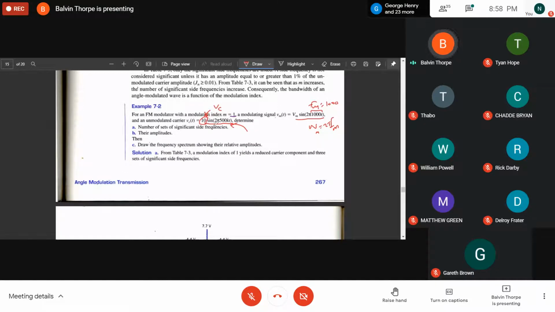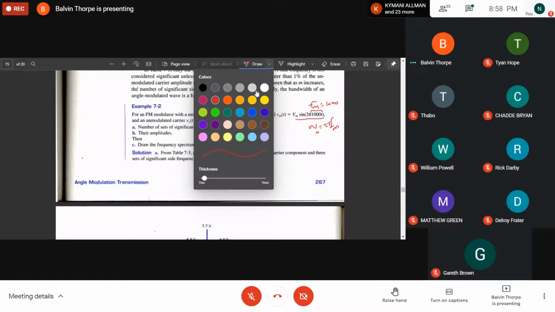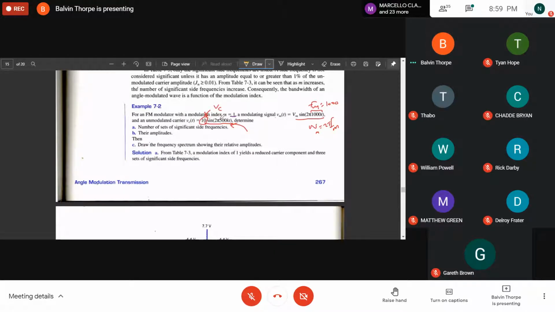We already know that angular frequency omega is 2 pi f t. So this portion is what is going to represent our carrier frequency.